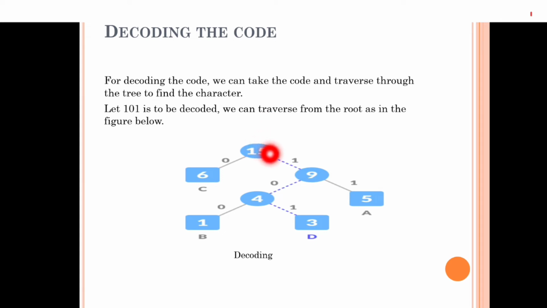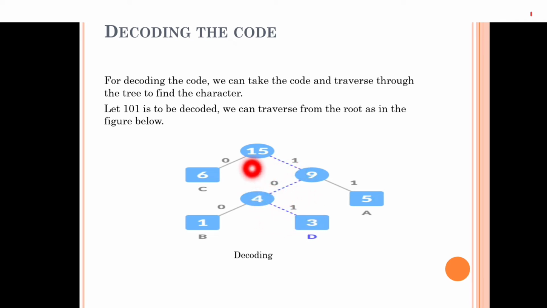So now 15 to 9, then 4, then D, and we can see here it is 1 and then 0 and then 1.